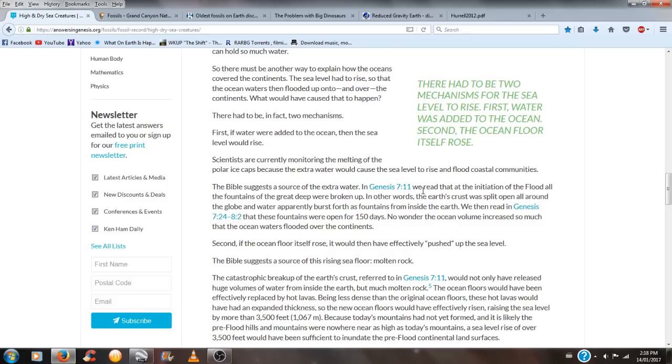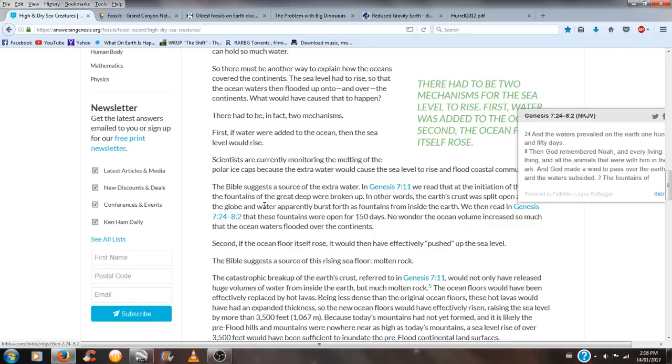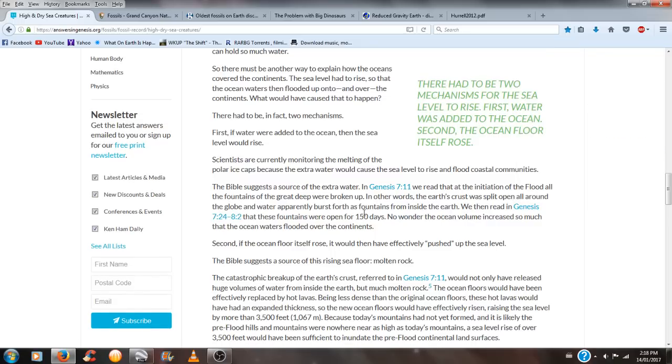And in Genesis 7:11, we read that at the initiation of the flood, all the fountains of the great deep were broken up. In other words, the earth's crust was split open all around the globe, and water apparently burst forth as fountains from inside the earth. We then read in Genesis 7:24 and 8:2 that these fountains were open for 150 days.